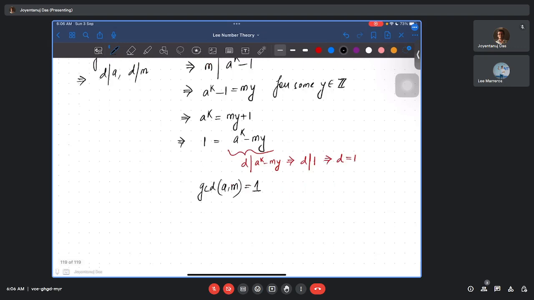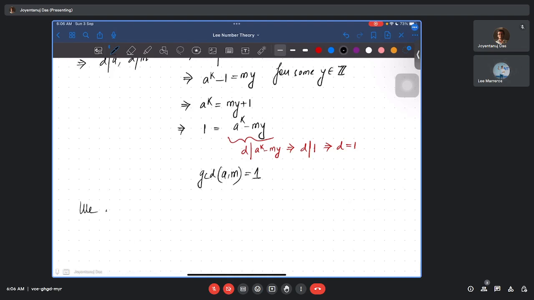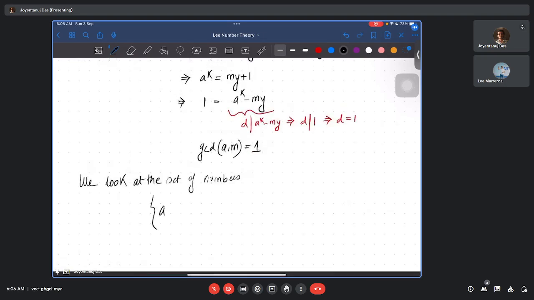So from this condition, we have to look into the set of numbers that are relatively prime to m. So look into the set of numbers a such that a lies between 1 and m, and the GCD of a and m is 1.